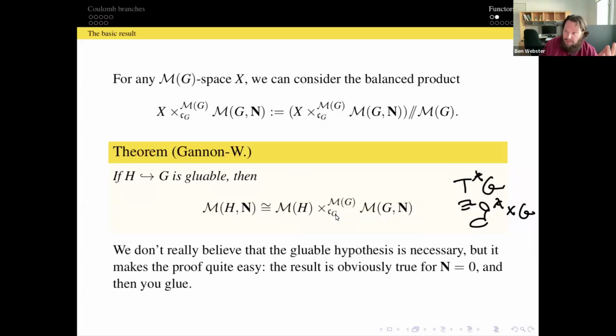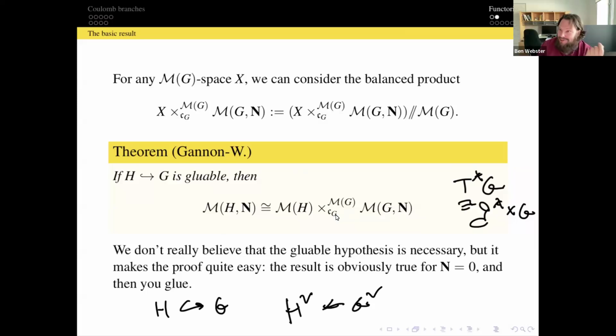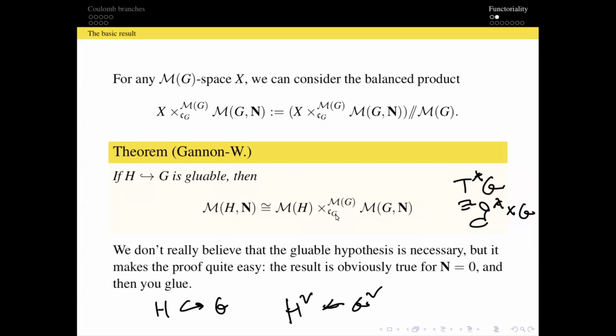That's true. But for example, if G and H are tori, then I have H sitting in G. And if I take the dual torus, then the dual torus of H is the quotient of the dual torus of G. So that's the first example to think about. Okay. So you're saying that even if H and G are not tori, when you take their maximal tori, yes.